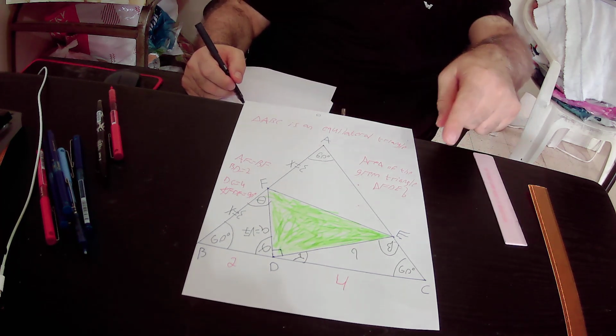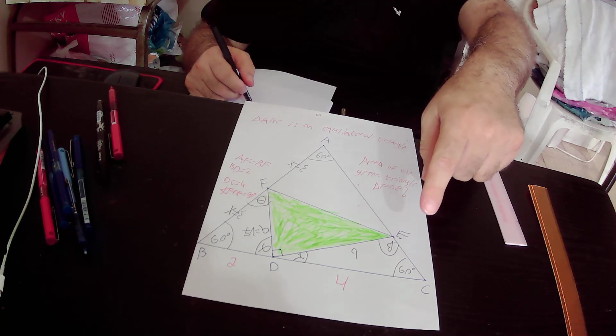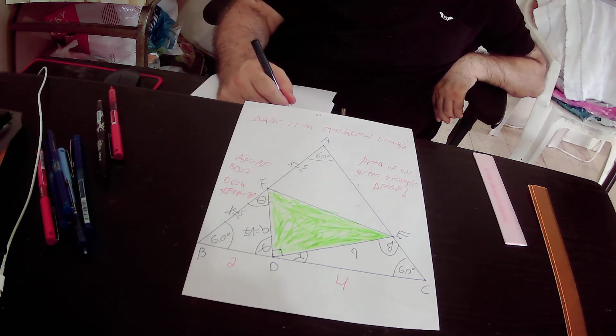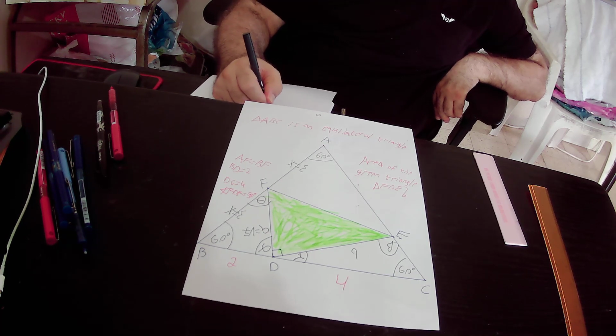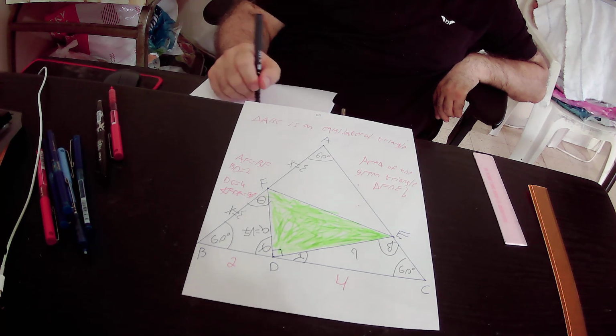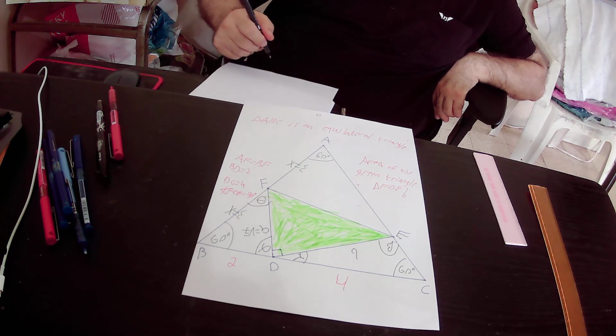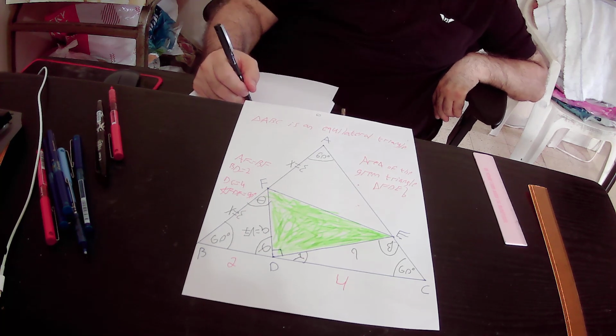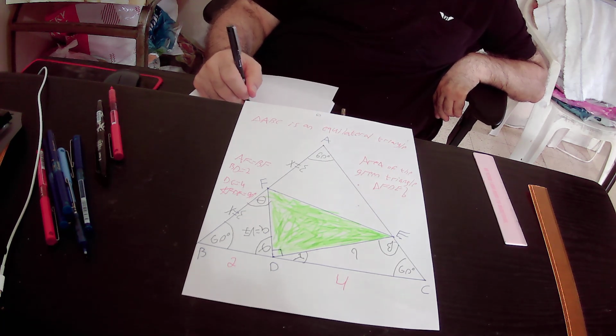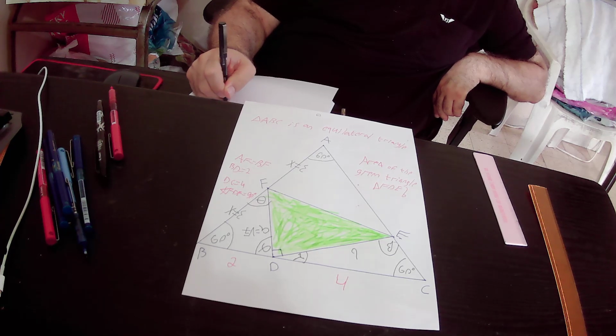In triangle DEC, the sum of the angles also equals 180 degrees, so we can write down that 60 degrees plus gamma plus beta equals 180 degrees.